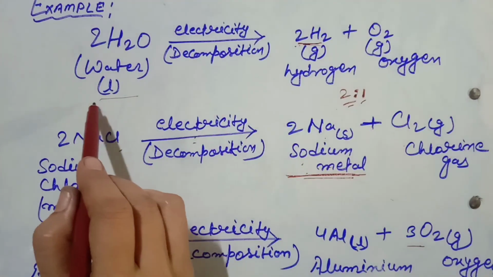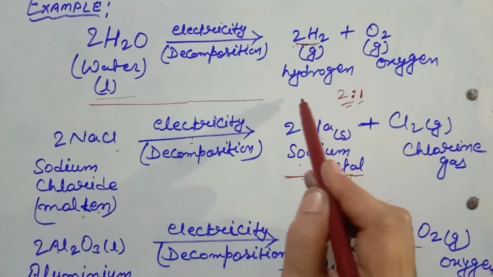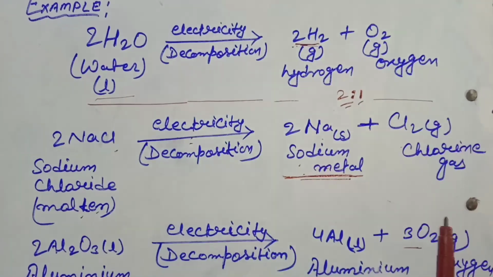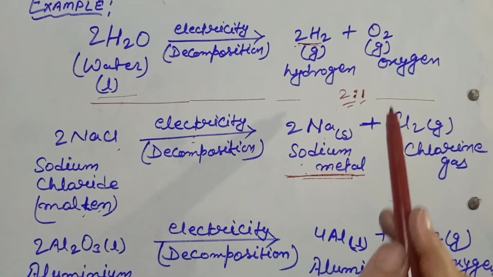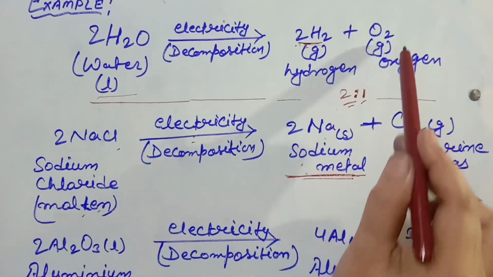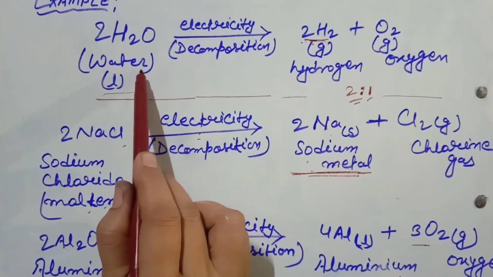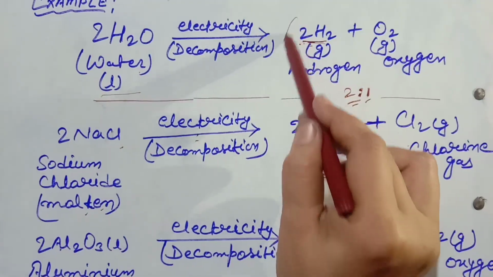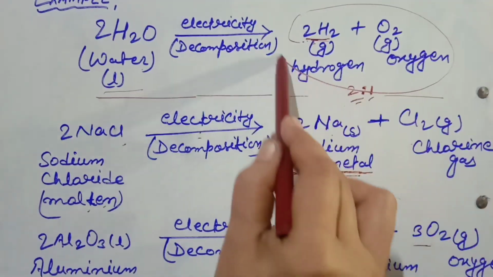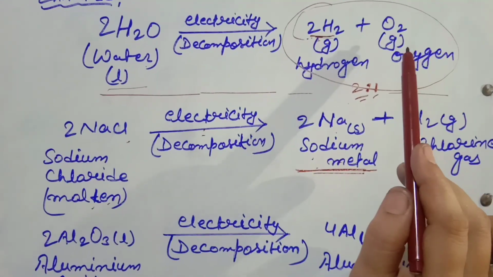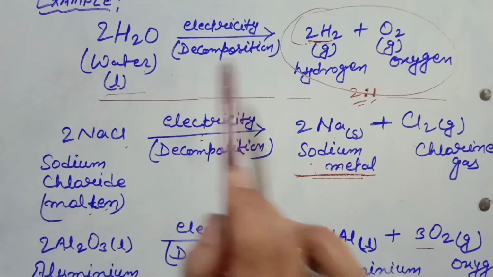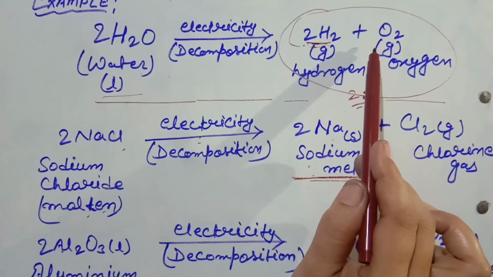Here, the decomposition of the water molecule is very important. In which manner? See here, when hydrogen burns with oxygen to form water molecule, in that case we say this is the combination reaction. When hydrogen burns with oxygen to form water molecule, that becomes the example of combination reaction.